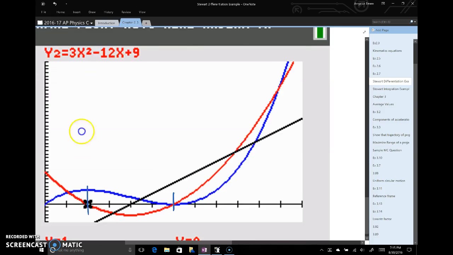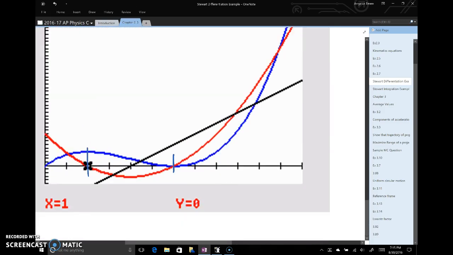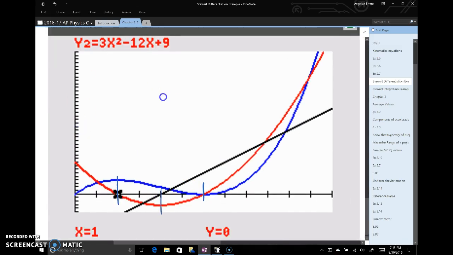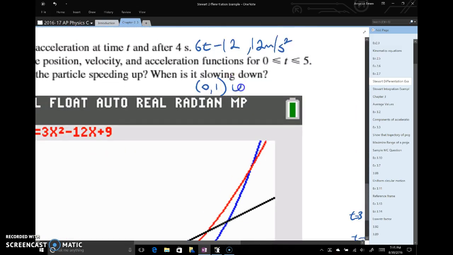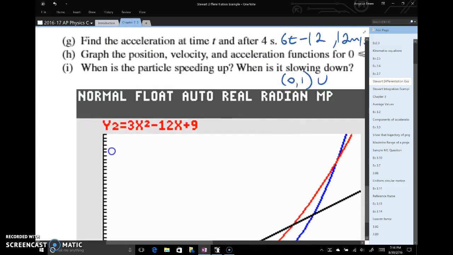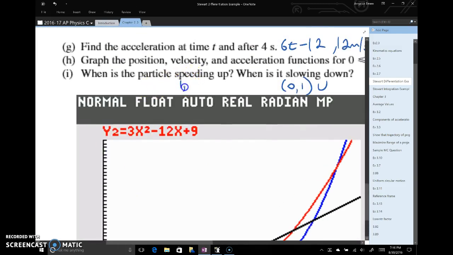On the interval 0 to 1. And then the magnitude of the velocity is increasing as we go from 1 to 2. You see, because we're getting larger and larger on the negative y-axis. So that's magnitude increasing, so we're speeding up there. So that's going to be speeding up 1 to 2.